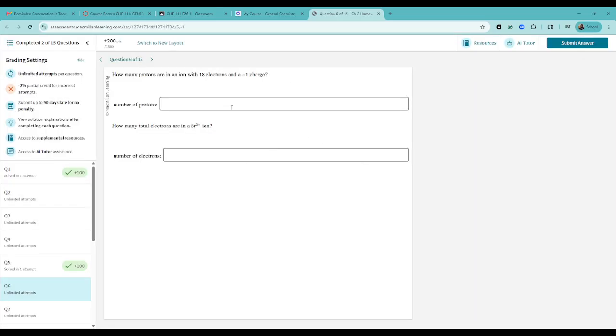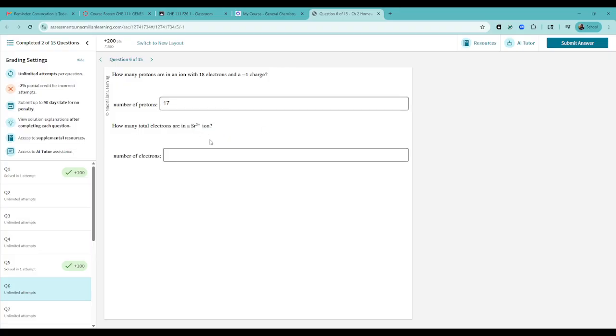And do number 6. So, okay, how many protons are in an ion with 18 electrons and a -1 charge? -1 charge means we have one more electron than we have protons. So the electron count is the only thing that can change. So one more electron, so that means we must have 17 protons.